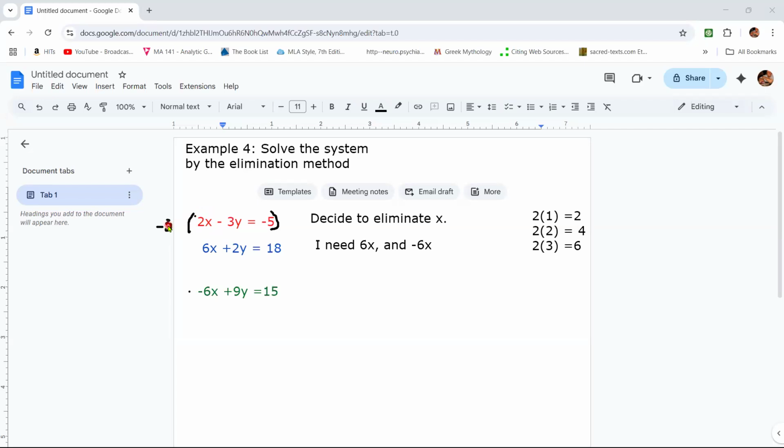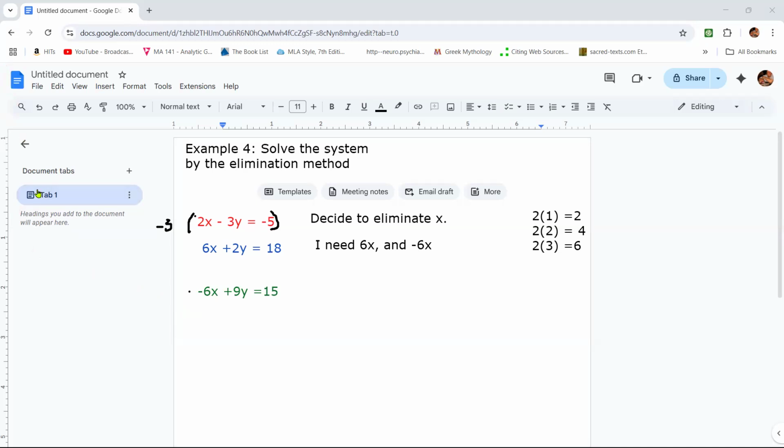So I multiplied by -3 and got this green equation, -6x plus 9y equals 15. Now, I'm going to leave my second equation alone.